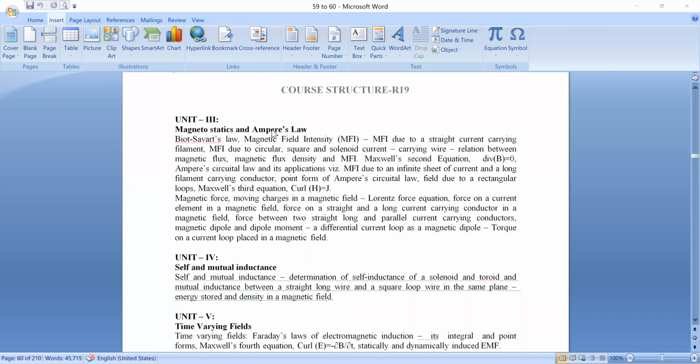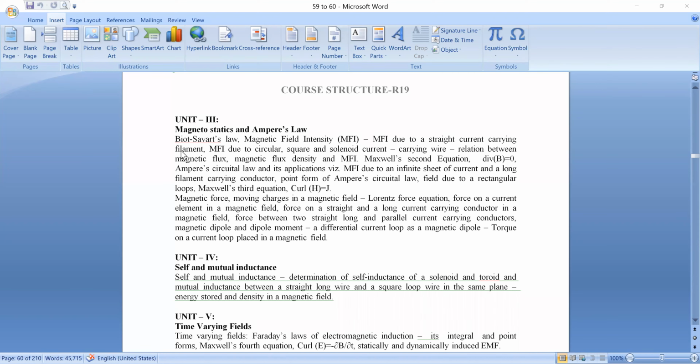Here we discuss with the help of Biot-Savart's law how the magnetic field intensity is different in different applications, like a circular current-carrying conductor, and how the magnetic field intensity is developed in a square shaped conductor.